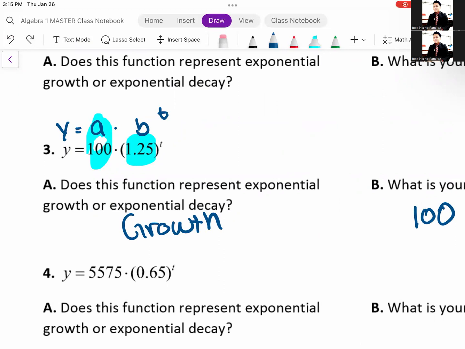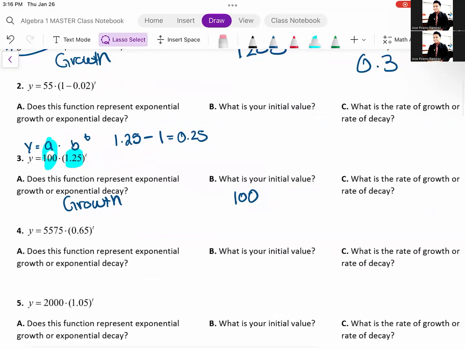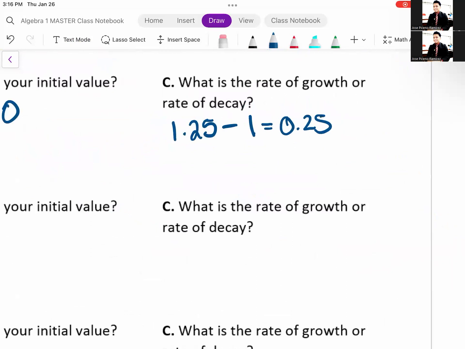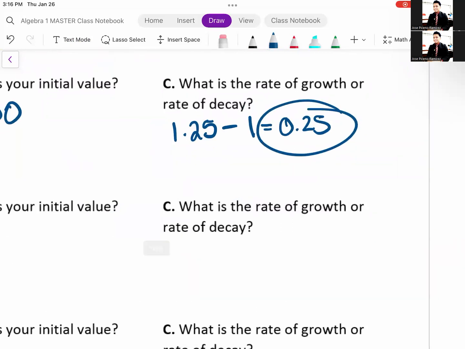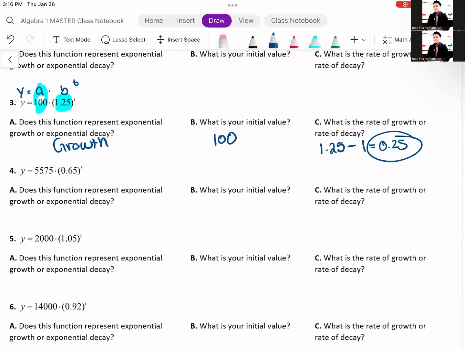What you're going to be doing is very simple. You're going to take 1.25 and you're going to subtract 1, which gives us 0.25. And I'm actually going to be writing this over there because that's where it's supposed to be. So there you go. My rate is 0.25. And that's how you're going to be finding the rate when it's not completely given to you.